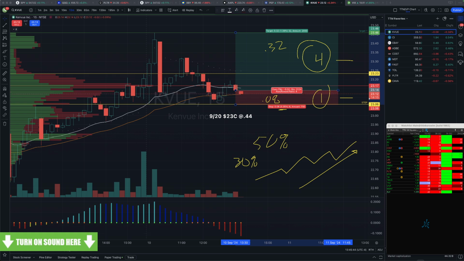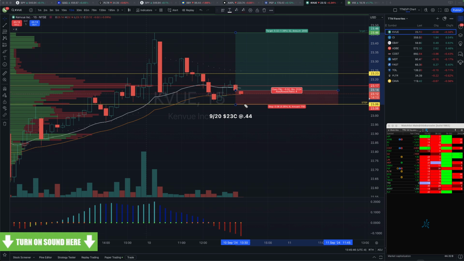Okay, so back to the stop out. Since I'm playing this on a 15-minute, if I got a candle like this, I would not stop out. Okay, because I'm looking for the candle open and close, and this candle has to close below my level.